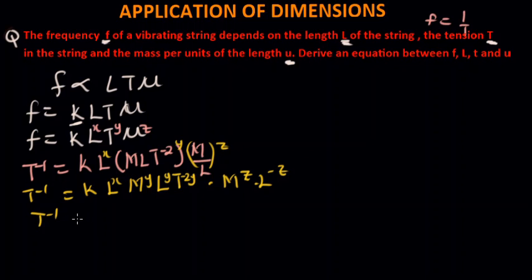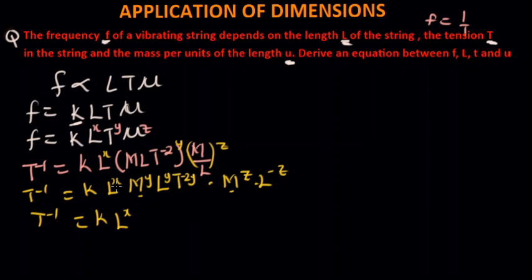So 1 is equal to, you see we have M here, they are the same base, so we need to add their powers. So K will come, L here, so L is also here. So how many L's? The base is the same, so we just add the power.